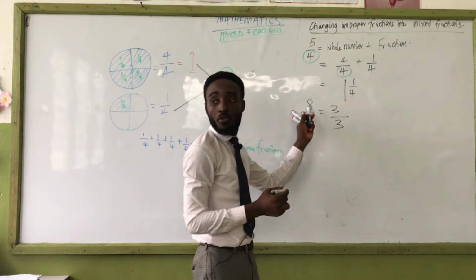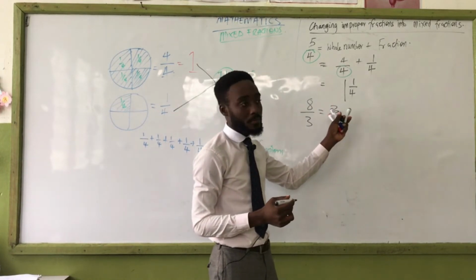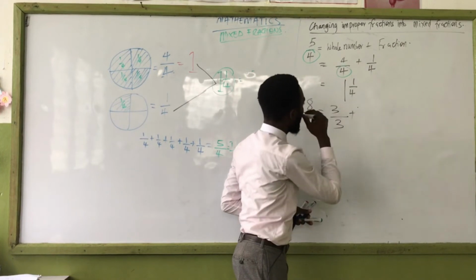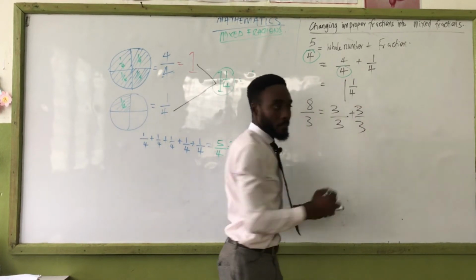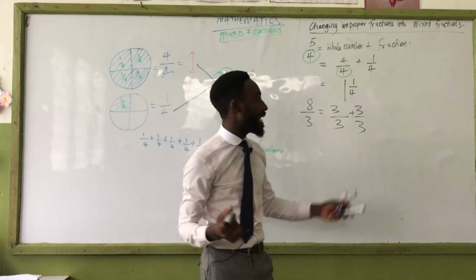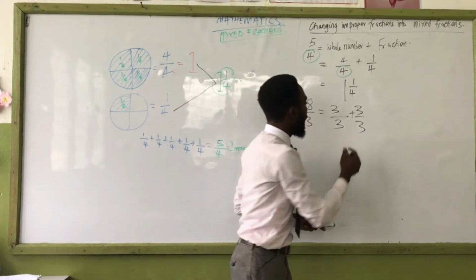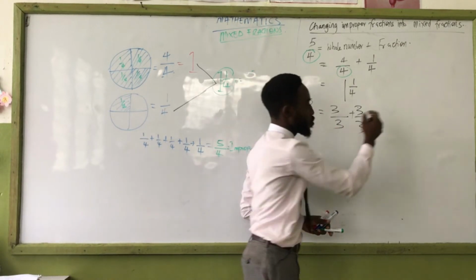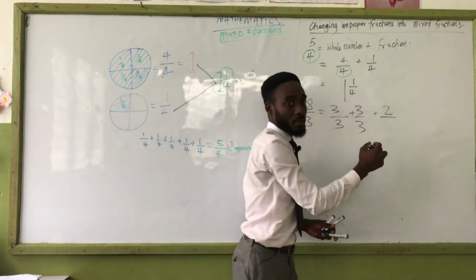But how many more do I need to reach 8? How many is left? 5. So I could also have 3 over 3 again. I can have 1 whole. And I can also have, how much is left? 2 out of 3.